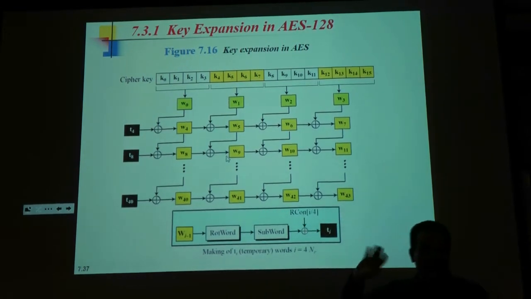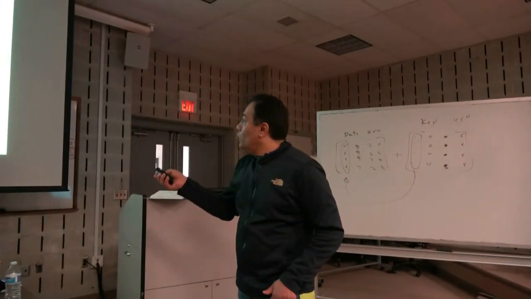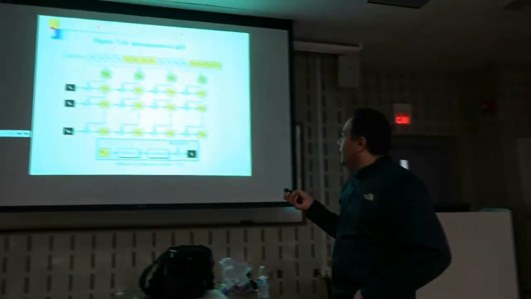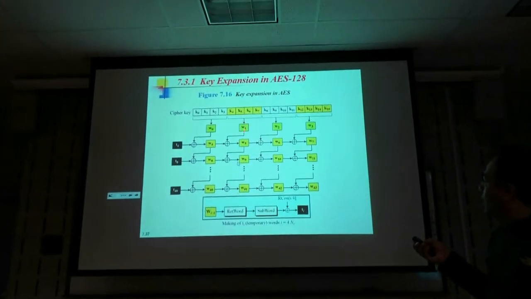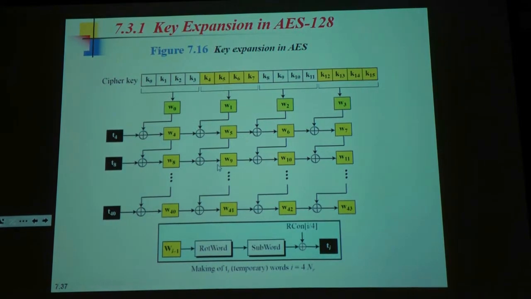So bottom line, let's summarize this. We start with the key as a block. The first 4 words come as they are. Then after that, each word equals the XOR of the word above it and the word before it. The problem is the first ones, they have nothing before them, so we have to come up with the temporary words: temporary 4, temporary 8, until temporary 40, right?